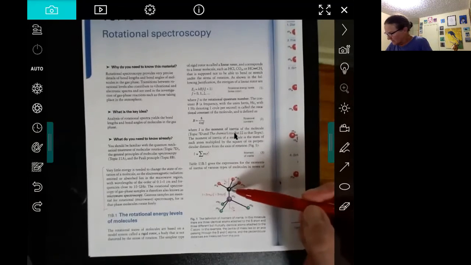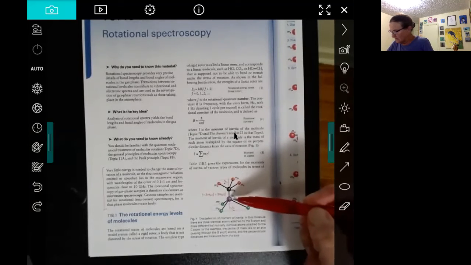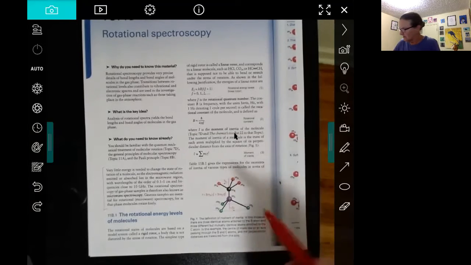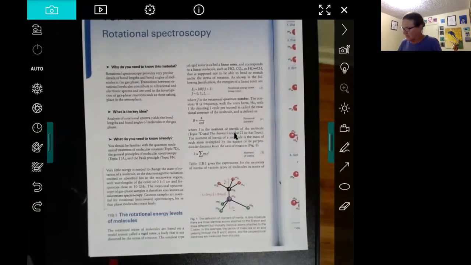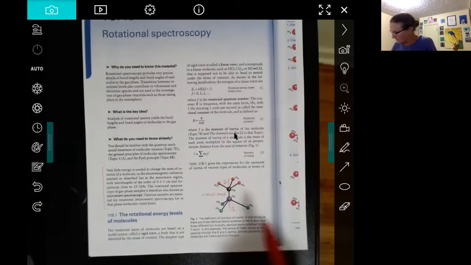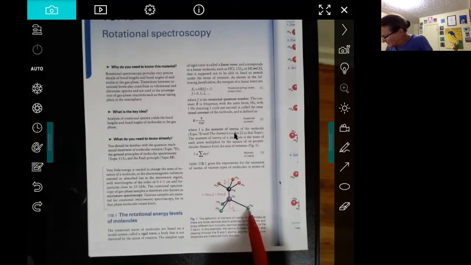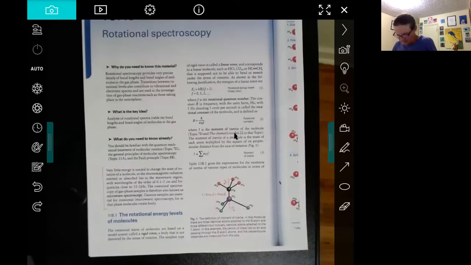If the bond axis between this little MB and MC right here is the axis of rotation, then we need to add up the masses of each of these green particles and each of the red particles, each multiplied by their perpendicular distance from the axis they're rotating around, and add those together. So it would be a sum of mass of D times distance D squared. So it'd be 3 of those terms.